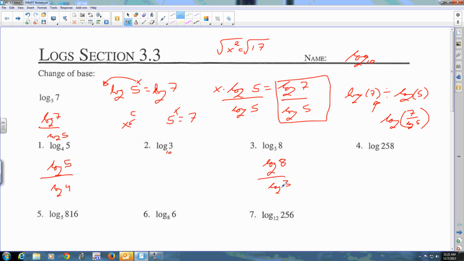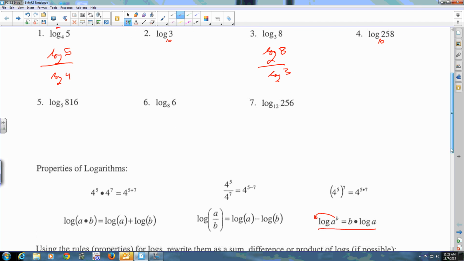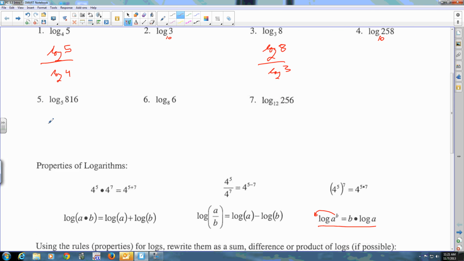Those are base 10, so it's just the log buttons on the left side of your calculator. Again, trying to trick you here, this is already base 10. You don't need to do a change of base to type this in. This one, you type log of 816 divided by the log of 5. That'll give you the exponent on 5 that gives you 816.